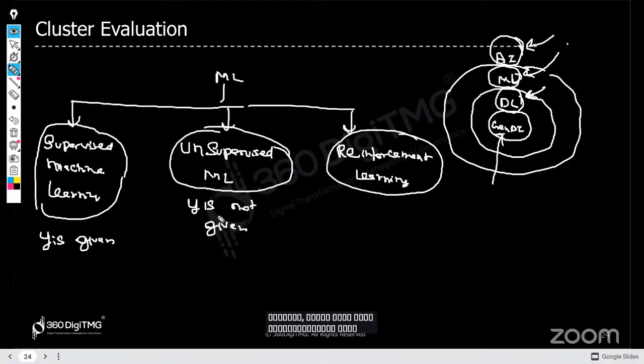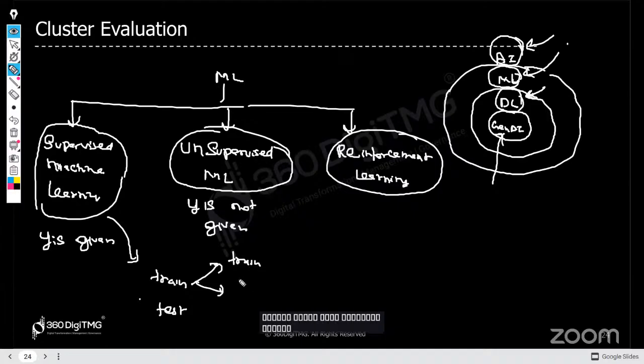Then we got to know the structure of the supervised and unsupervised machine learning model. When it comes to supervised, we split the data into two parts: train and test. Again, train gets distributed into two parts: train and validation.